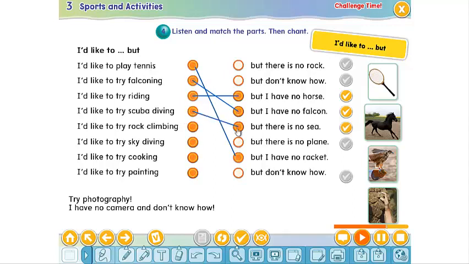I'd like to try rock climbing, but there is no rock. I'd like to try skydiving, but there is no plane. I'd like to try cooking, but don't know how. I'd like to try painting, but don't know how. Try photography. I have no camera and don't know how. Okay, good. Let's do it again.